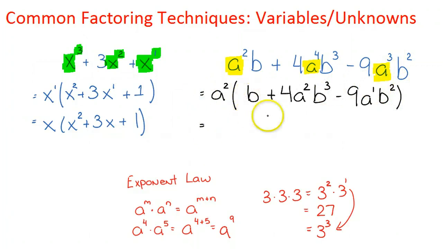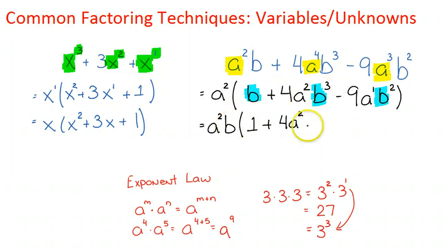So then I do the same thing now with the b's. So let's, different color here, I see a b there, b there, and I have b there. So that's really nice that I have a b in each term, so it means I can factor it out. I'm sure to still write out the square. So in each of these cases, well, the lowest power is 1, so I can factor out a b. So if I factor a b times what gives me b, and the answer is 1 plus 4a squared isn't going to change.